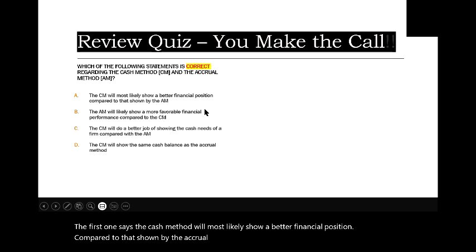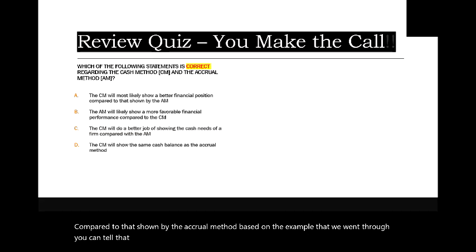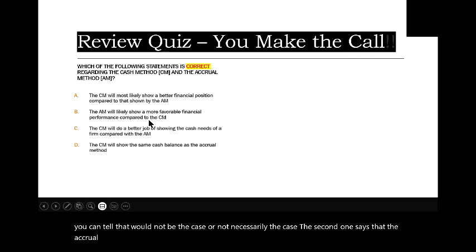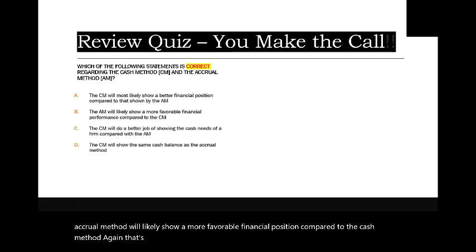Based on the example that we went through, you can tell that that would not be the case, or not necessarily the case. The second one says that the accrual method will likely show a more favorable financial position compared to the cash method. Again, that's not necessarily the case.